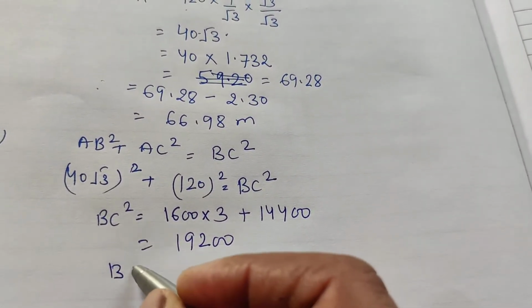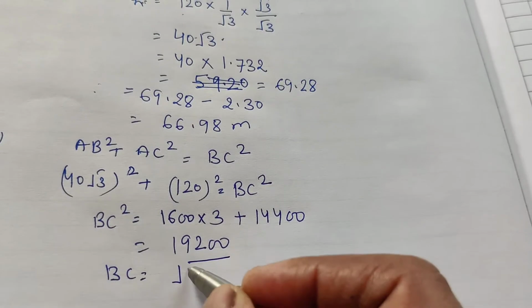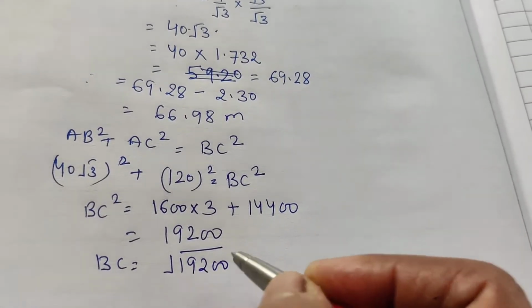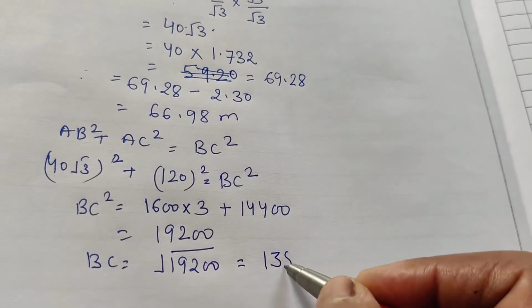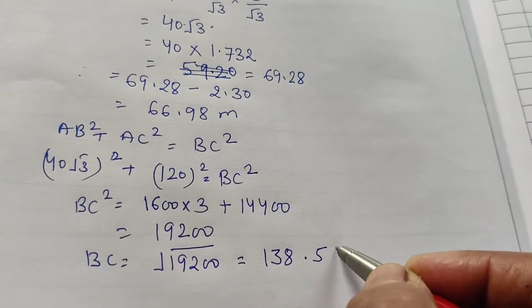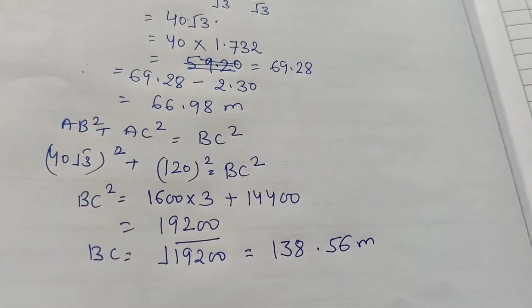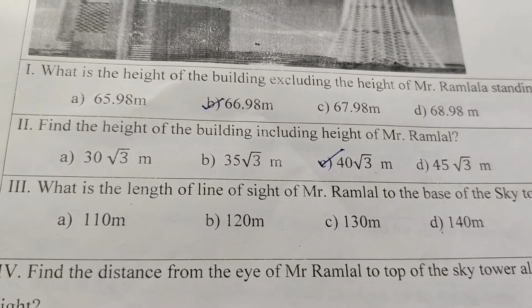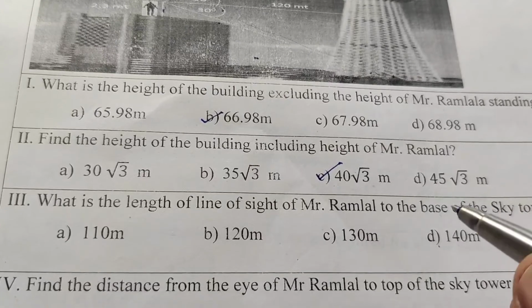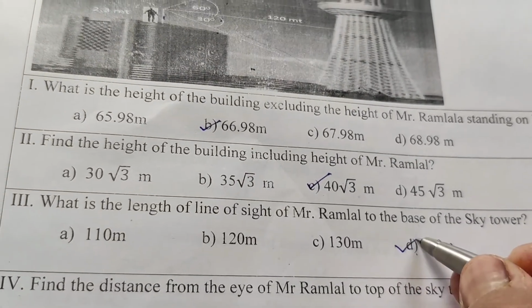Now BC equals under root 19,200, which comes approximately 138.56 meters. Which one is nearest to 138.56? It means 140 meters.